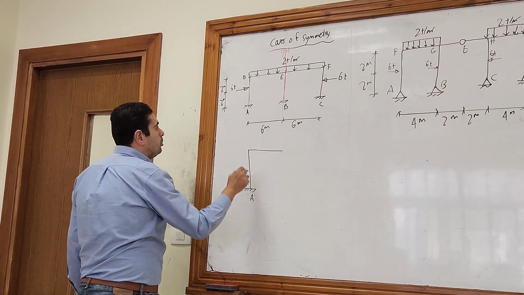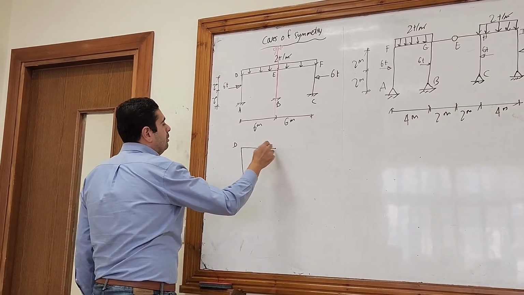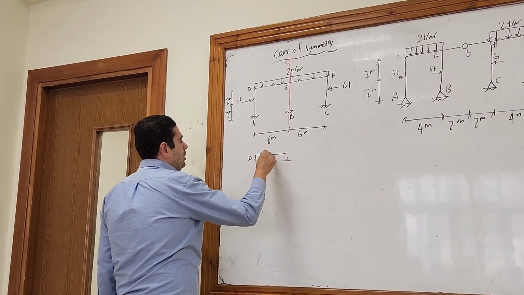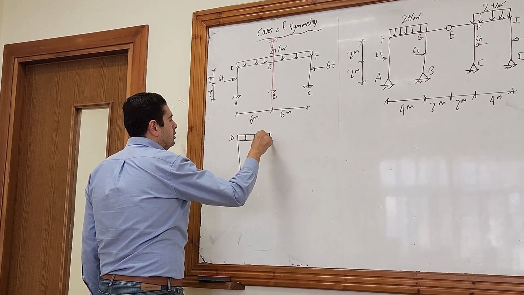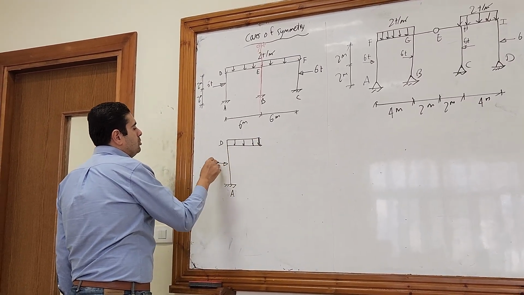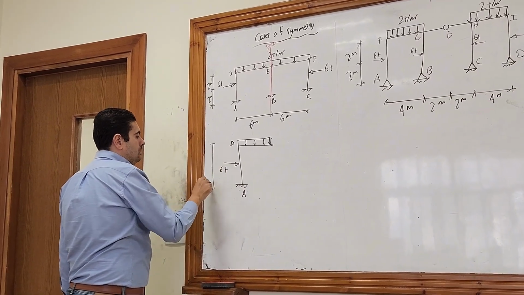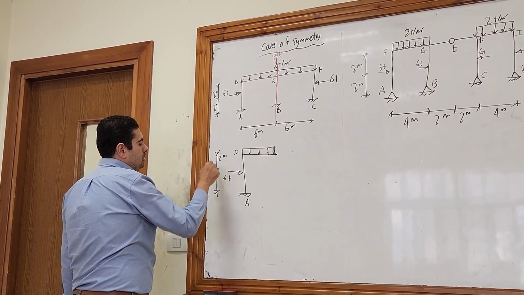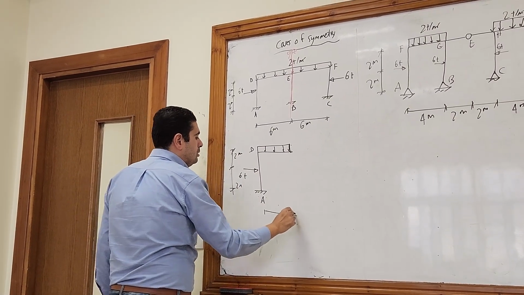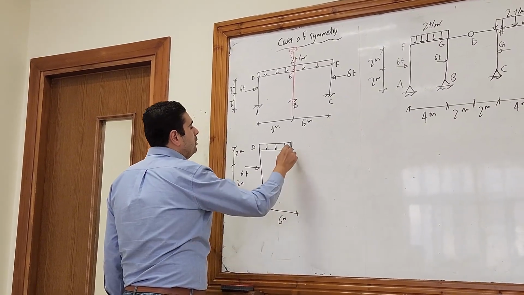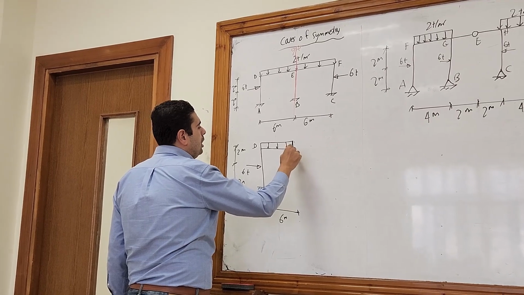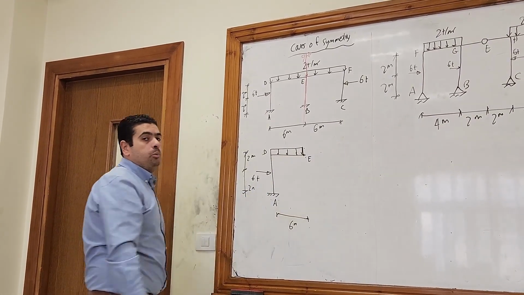But what will I put instead? This is the question. Here is the distributed load, and here is the concentrated load. Six meters. What will I put here instead at point E?